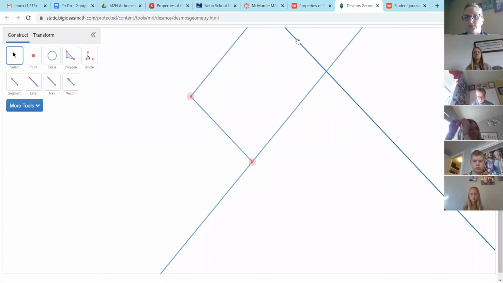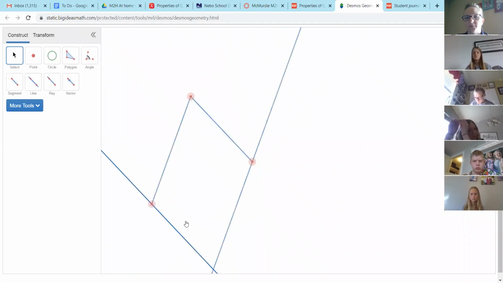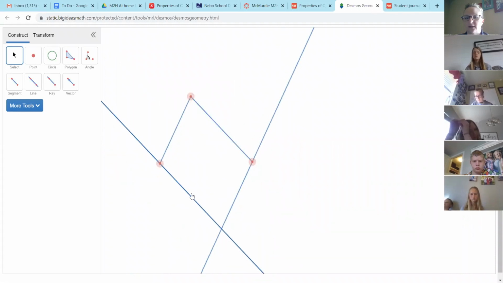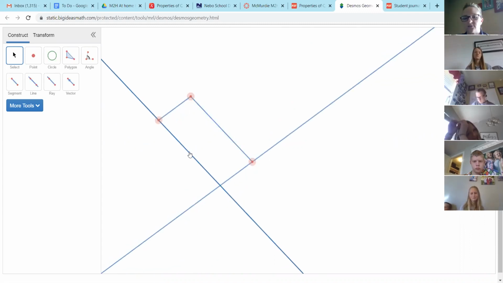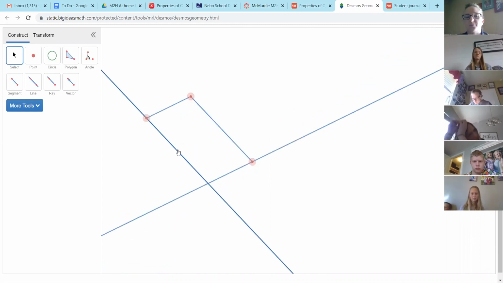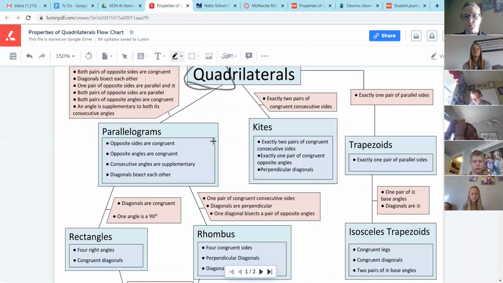It can look like a rectangle. Yeah, look, kind of looks like a diamond. Yeah, all kinds of parallelograms. But when we talk about these properties, different properties will tell you if it's just a parallelogram or if you can get more specific and call it a rectangle, a rhombus, or even a square.